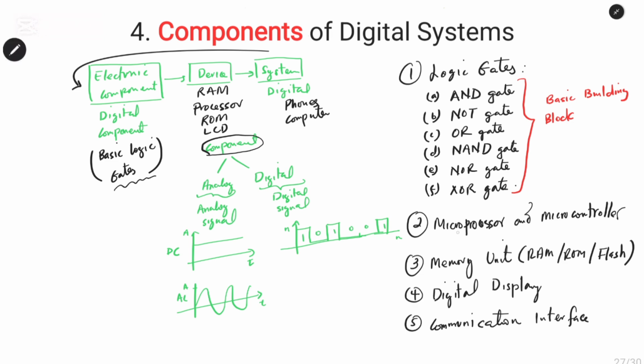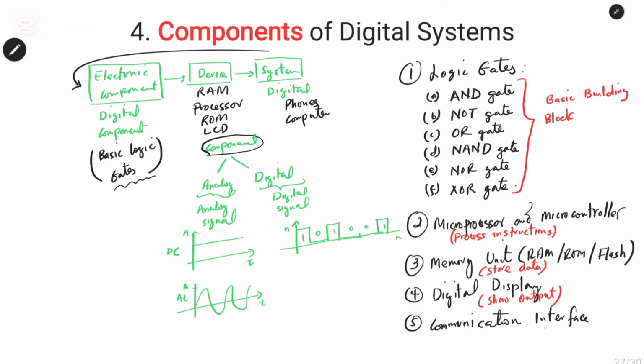Their function is to process instruction. And memory unit, they are nothing but they store data. So information is stored as a data. And the digital display is example of an output device. So we can say it shows the output of a digital system.